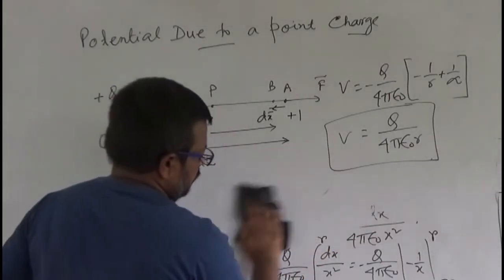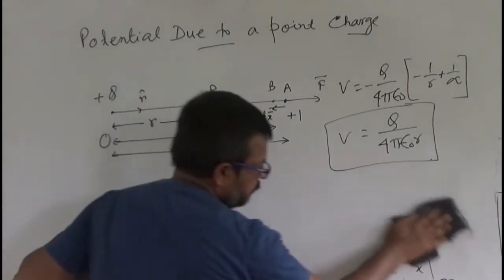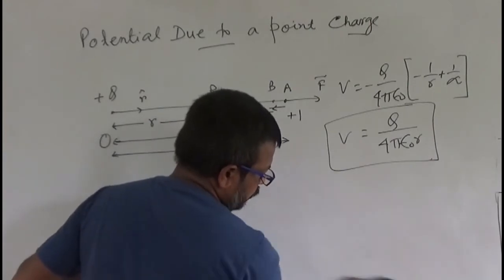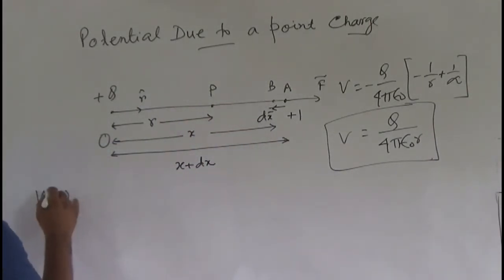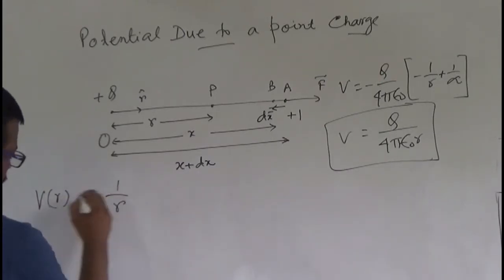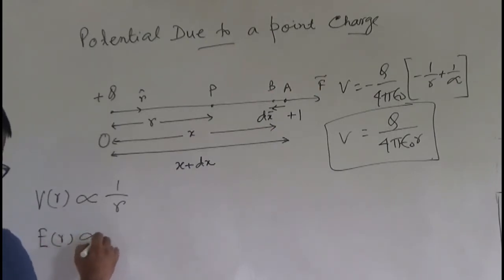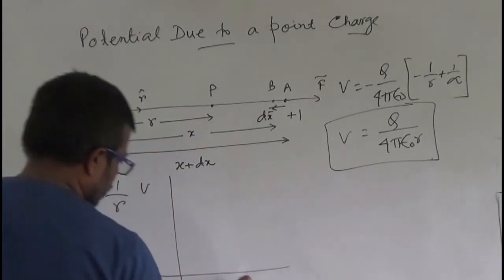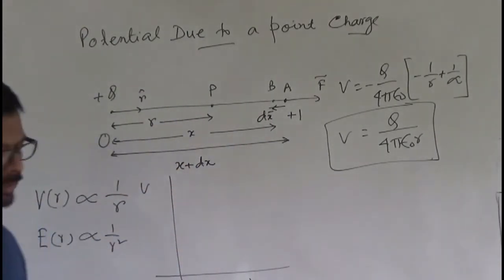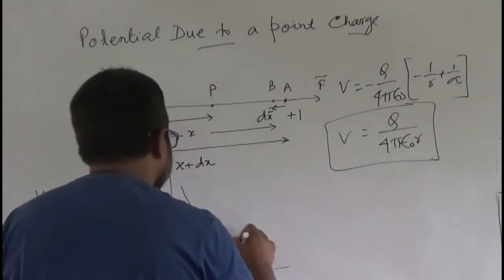Potential due to a point charge is inversely proportional to the distance from the point charge. You can say V at r is proportional to 1 by r, and we have already deduced E at r is proportional to 1 by r square. That means if we draw V versus r, then it will be like this.